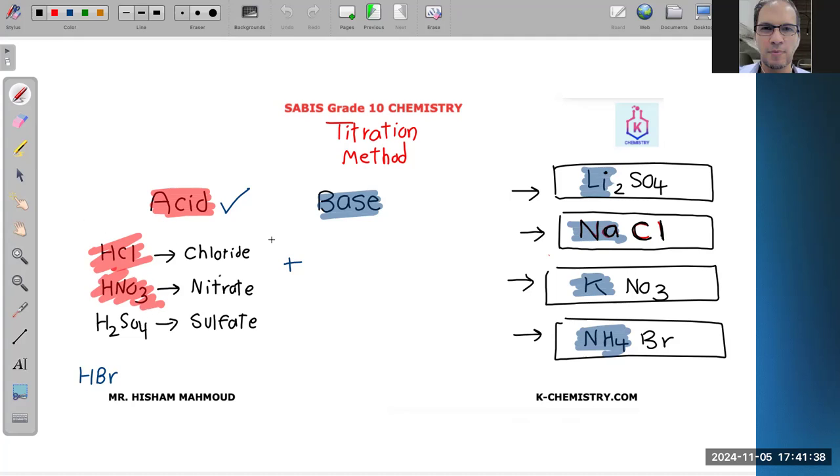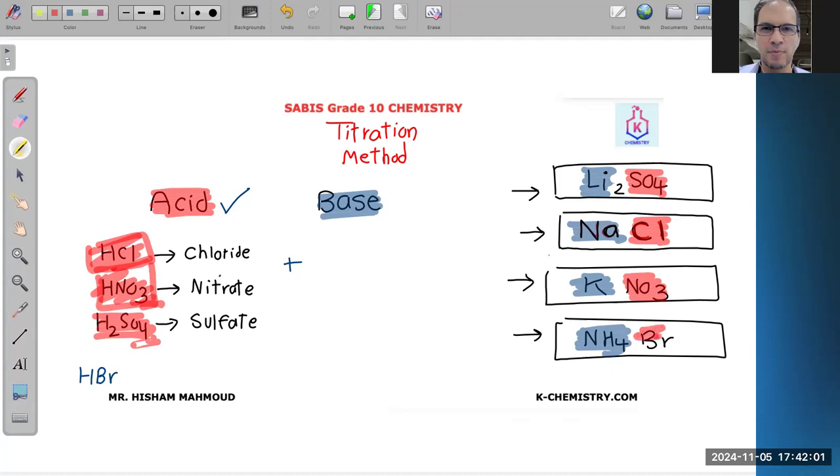We said that the acid will depend on what the salt is. Here I see lithium sulfate. So which one will you choose? If you want sulfate, use sulfuric acid. If you want chloride, use hydrochloric acid. If you want nitrate, use nitric acid.